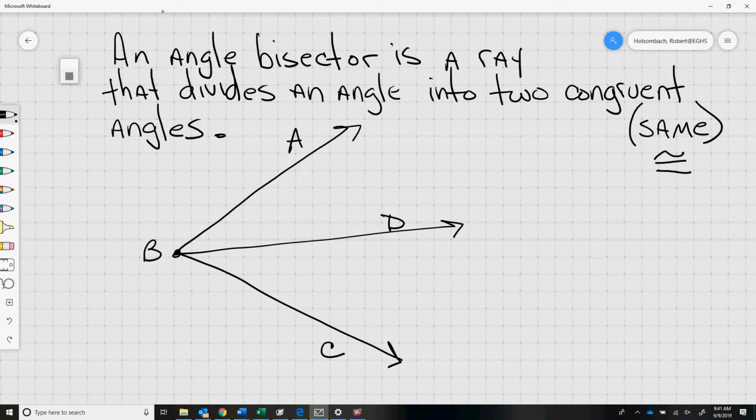Ray BD in this case would be an angle bisector if you see something like this: these little arc marks. Those arc marks mean that the two angles are equal to each other. Those little arcs mean that angle ABD is congruent to angle DBC. Okay?